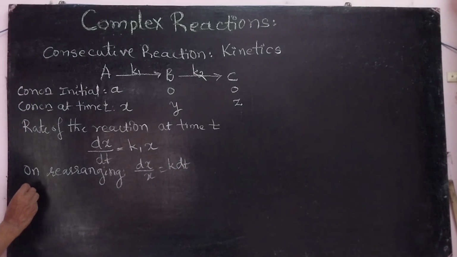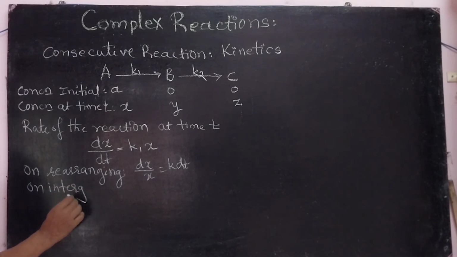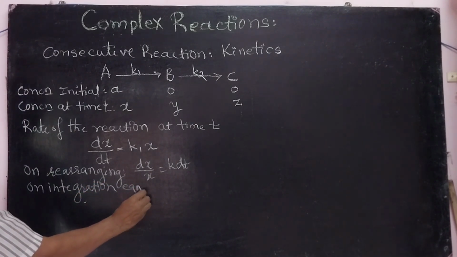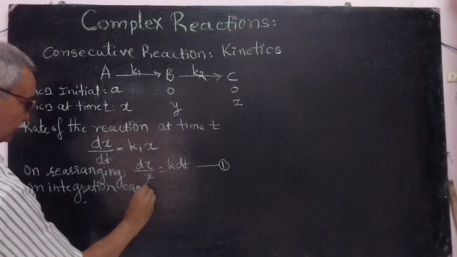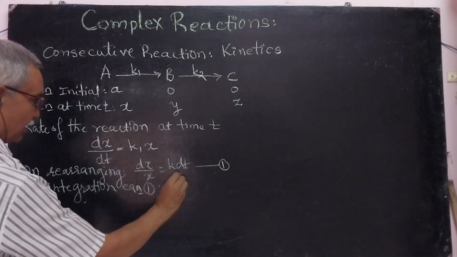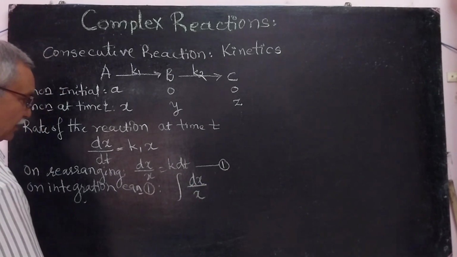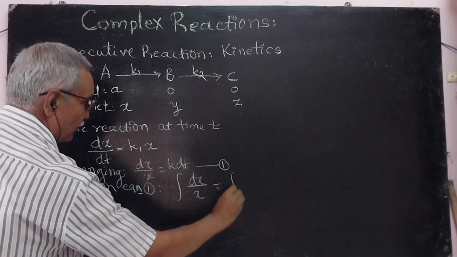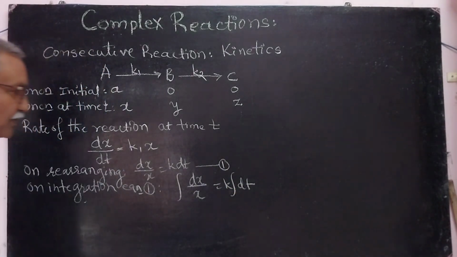On integration, we get the integration of dx divided by x is equal to k1 times the integration of dt.